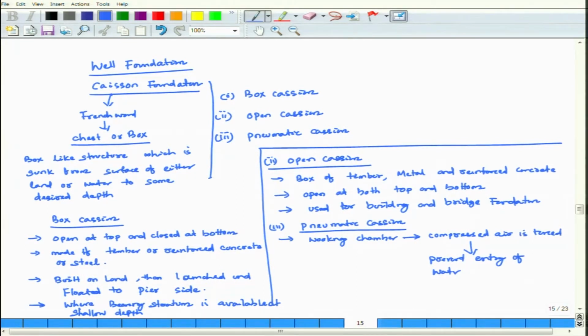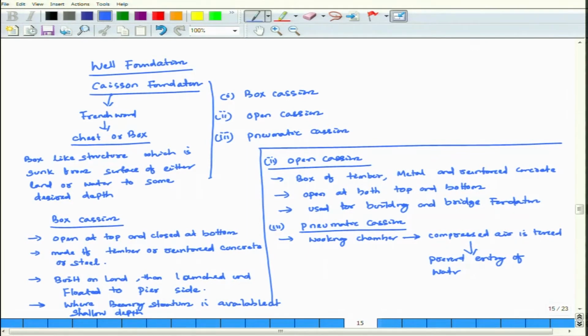So, the caisson foundation is called well foundation or caisson foundation. Caisson comes from the French word, particularly it is a French scientist who started this. Its meaning is chest or box, and it has been classified into three subcategories. First one is your box caisson, second is your open caisson, third is your pneumatic caisson.